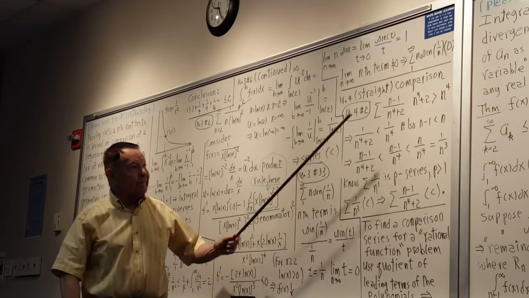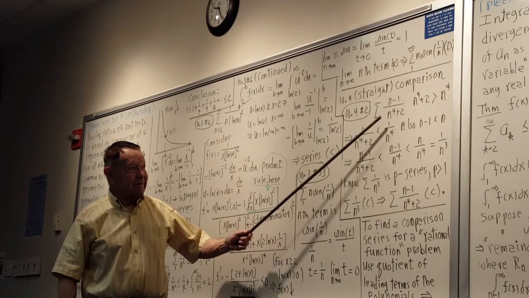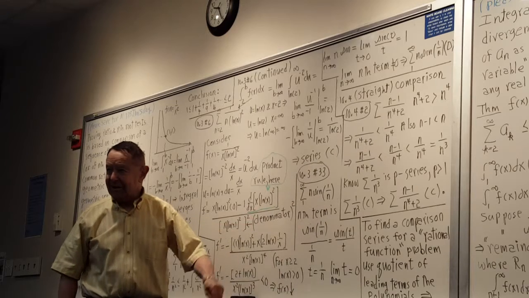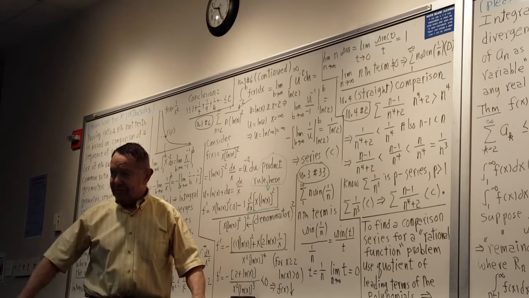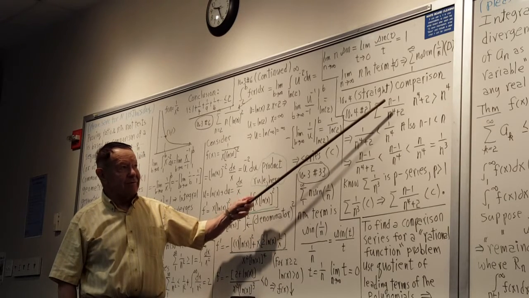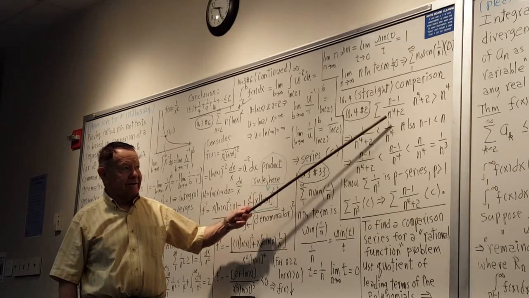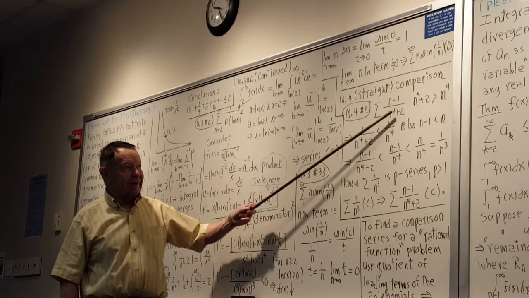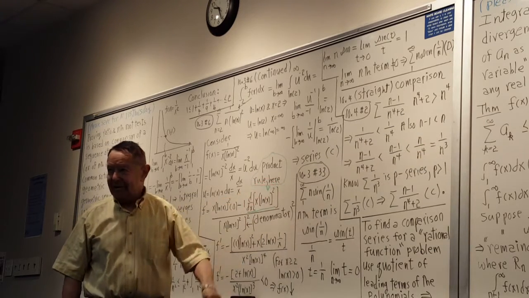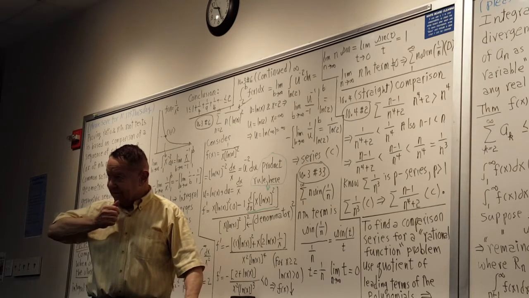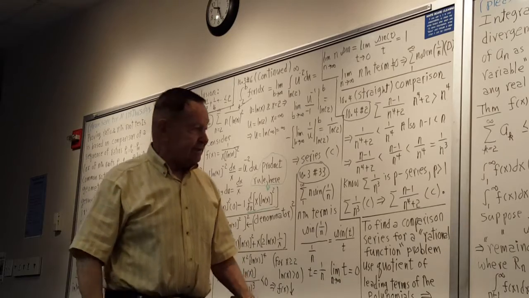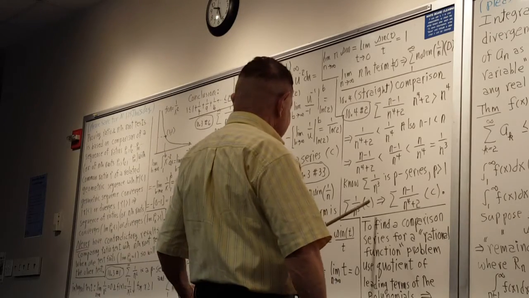So the dominant terms are the n and the n fourth, which is like 1 over n cubed, 1 over 1,000. So you could take your calculator and compare 9 over 10,002 with 1 over 1,000, and you'll see there's not a whole lot of difference. So that's how you get your comparison series.